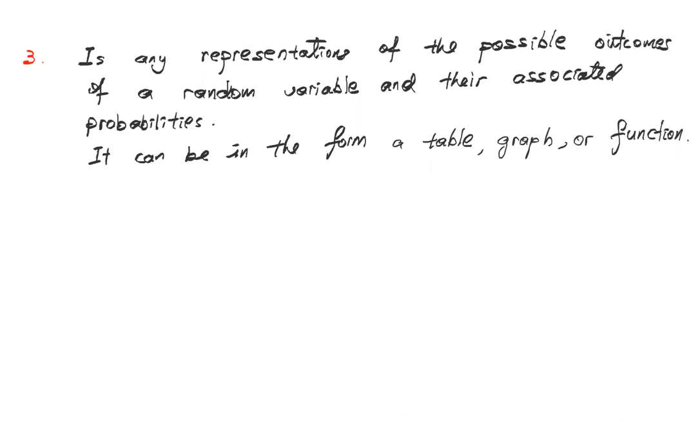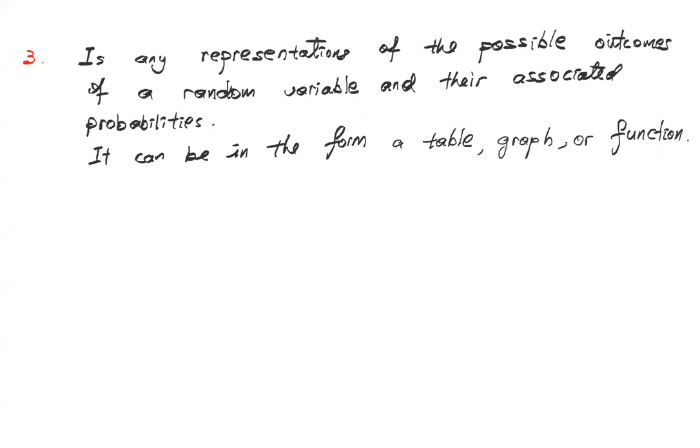You put it in the form of a table or graph. When you talk about graph, it can be a pie chart, a bar chart, a line graph, or just a curve. Or you can put it in the form of a function that shows the relationship between what? The random variable and its probability.